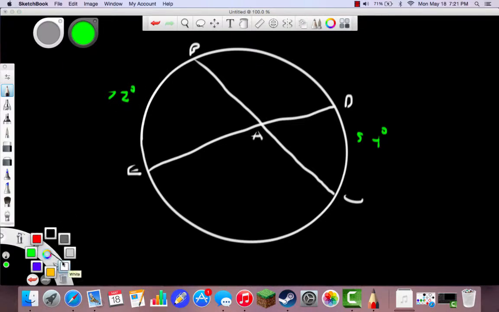Well, we already know by the theorem, so that means this angle here, I'm just going to call it X for now. We are trying to find X, which is right here, this angle.